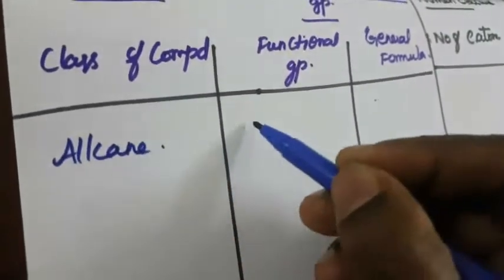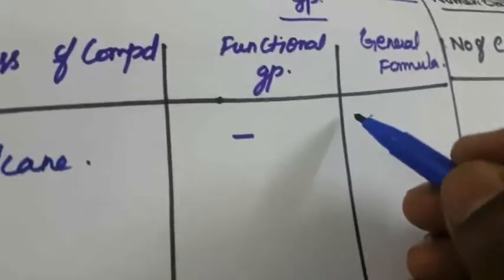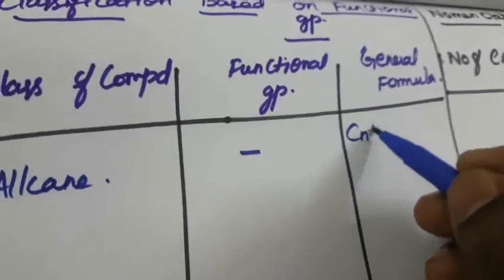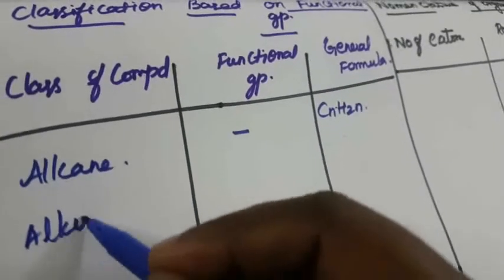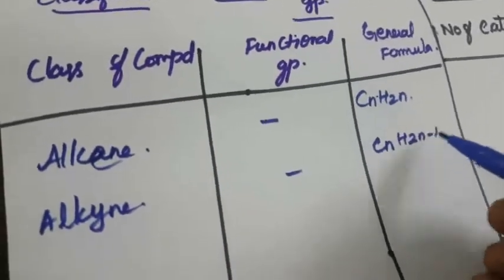What is alkane? There is no functional group. What is the general formula? CnH2n+2. Okay, what is meant by alkene? Alkene is CnH2n, alkyne is CnH2n-2. What is alkane?